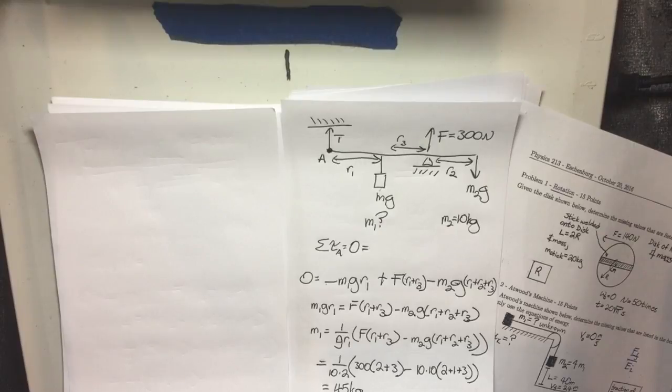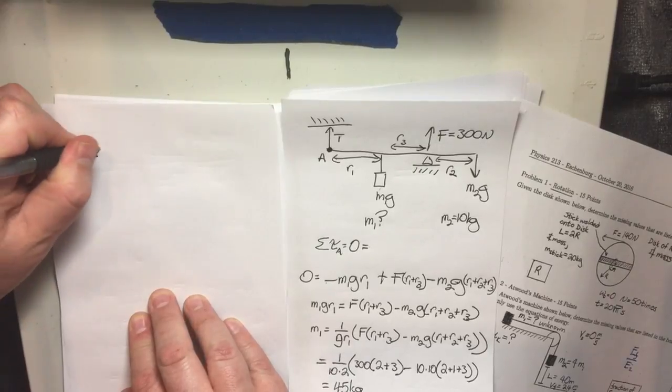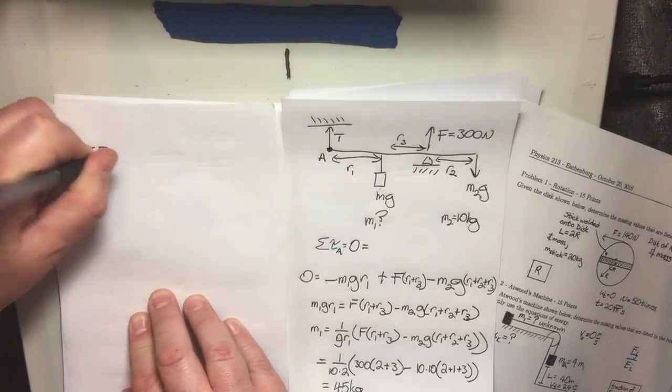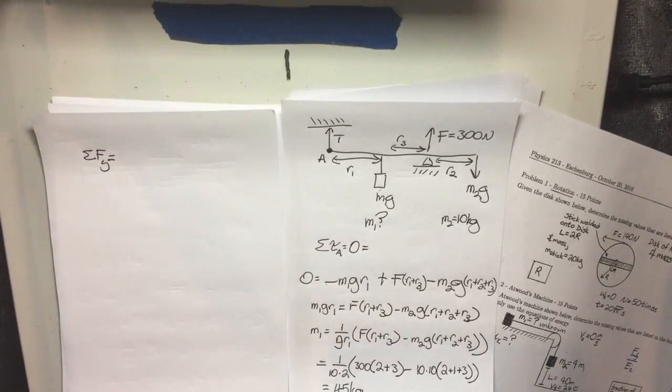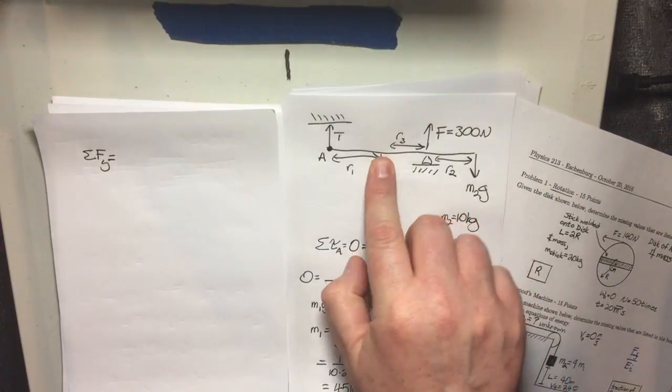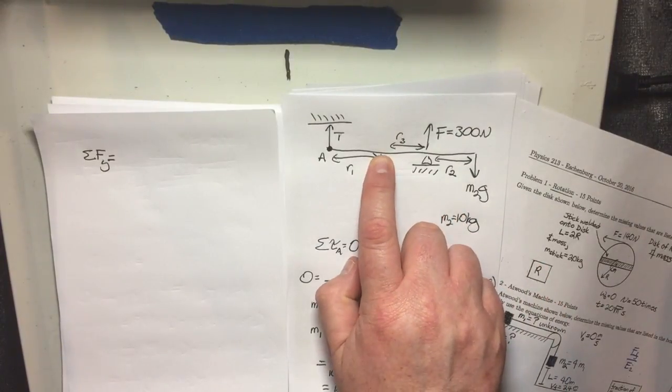Last thing, you've got to figure out what the tension is, because we discovered what M1 is. Now, we use the sum of the forces vertically. We could do this in all sorts of different ways. We could pick different torque points. We could do some of the torques and then some of the torques again, where we could choose that as the rotation point.